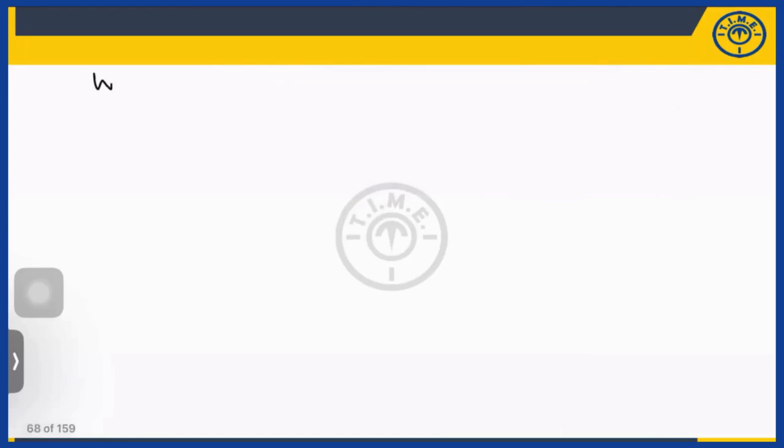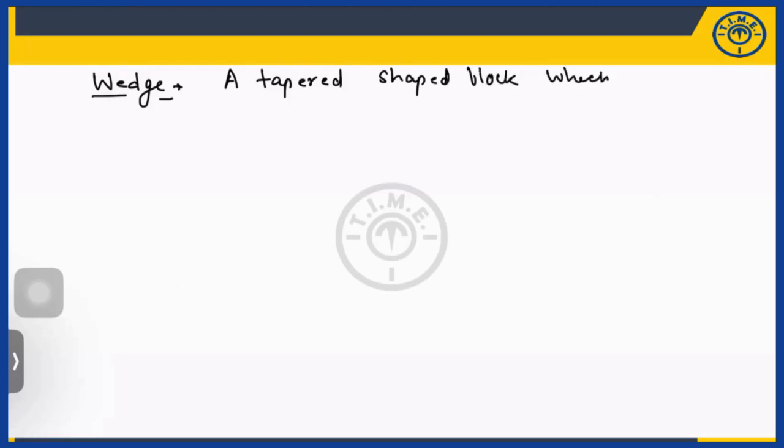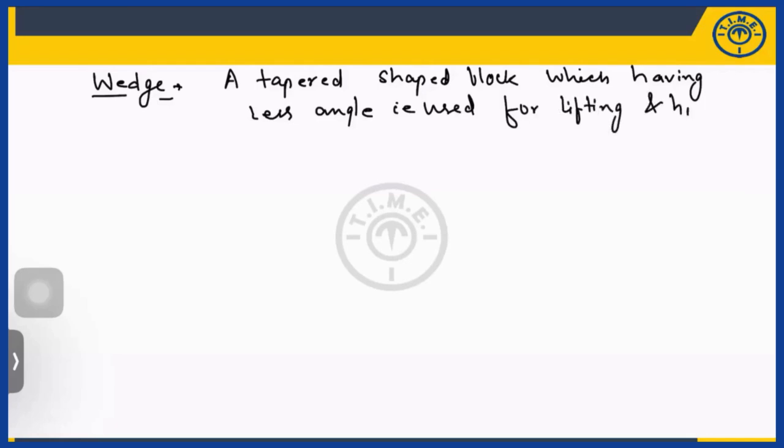Now see, first of all, why we are using a wedge. A wedge is basically a tapered shaped block which has a very small angle, and that is used for lifting and holding heavy objects. Okay. For example, suppose this is the condition given.